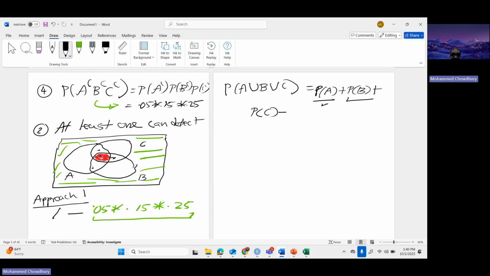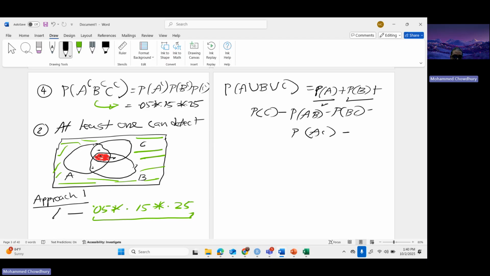So now I have to subtract probability of A and B, minus probability of B and C, minus probability of A and C. So A and B equal to what? A and B equal to this part. So I subtracted that part. And then probability of B and C. B and C equal to this part. I subtracted that one.